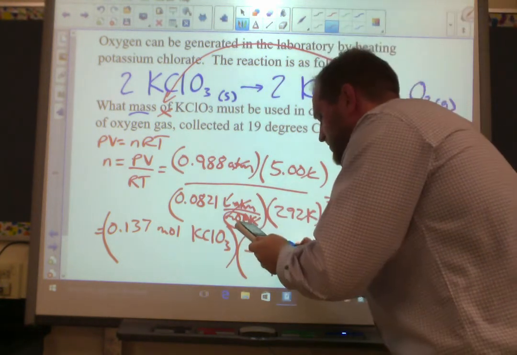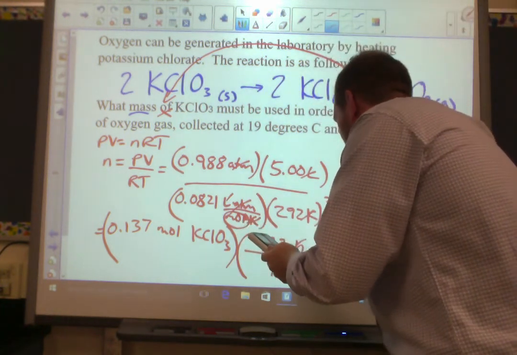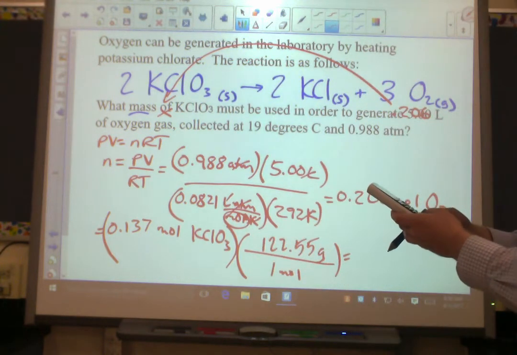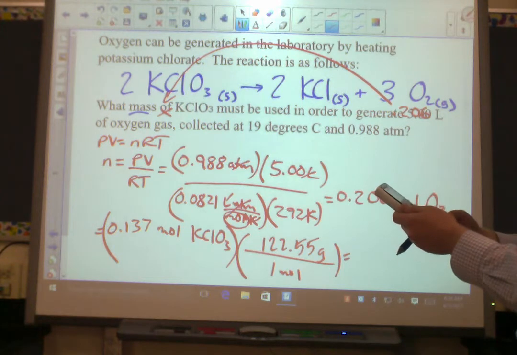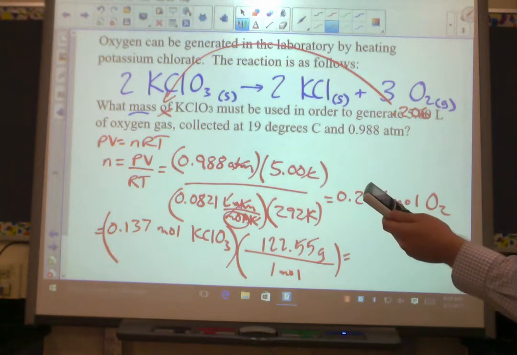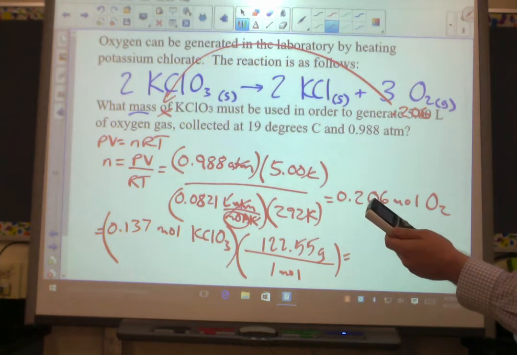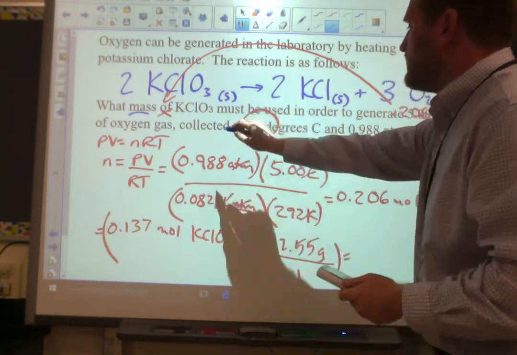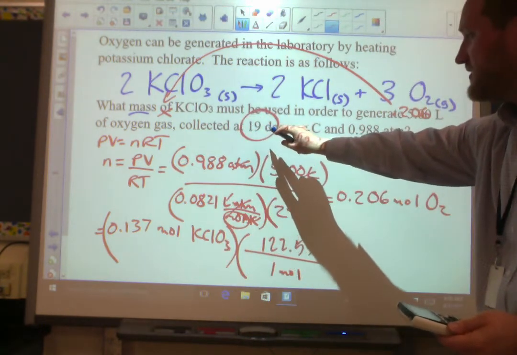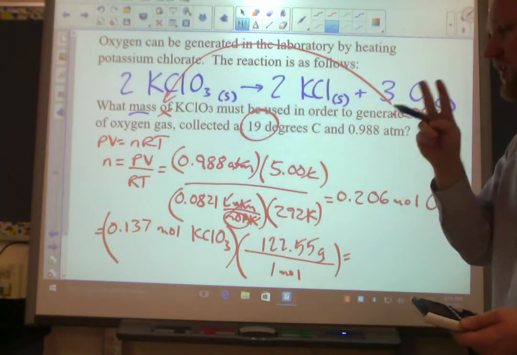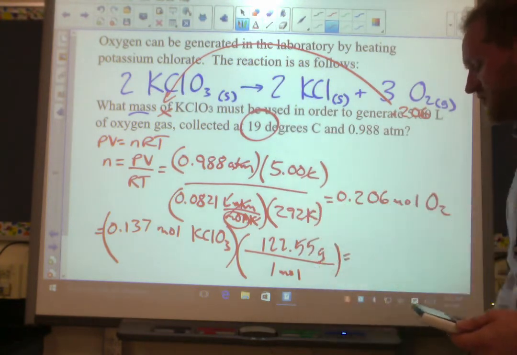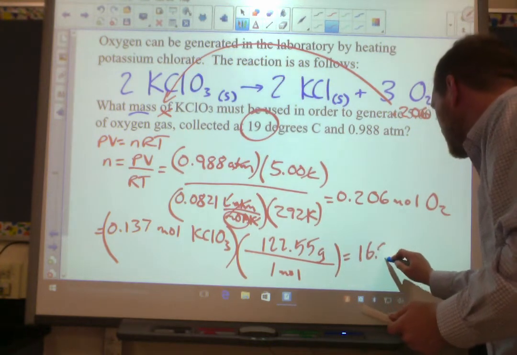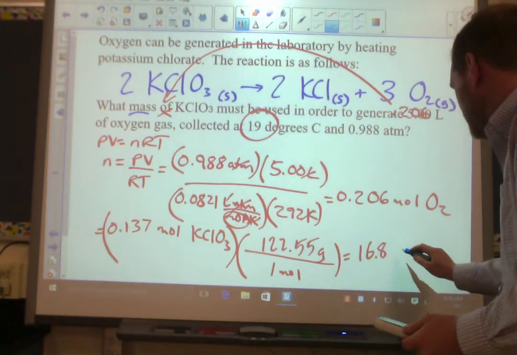So a molar mass of 122.55 grams. 0.137 times this answer gives me, with 3 sig figs, 16.8. And again, yes, I will use sig figs because the 19, did we actually use 19 with 2 sig figs? No, we didn't. We used 292. So 3 sig figs, 16.8. And my unit is grams.